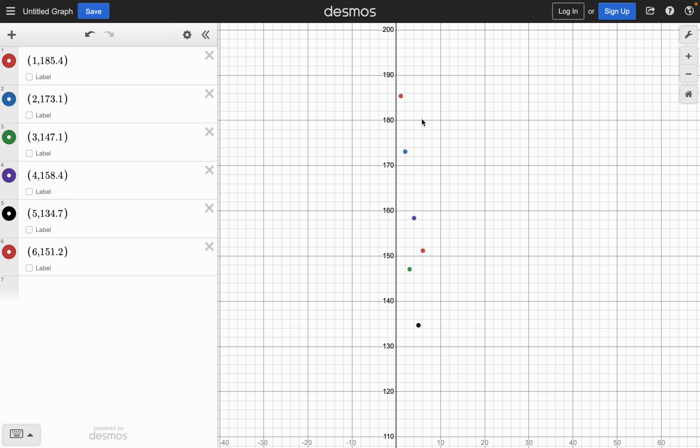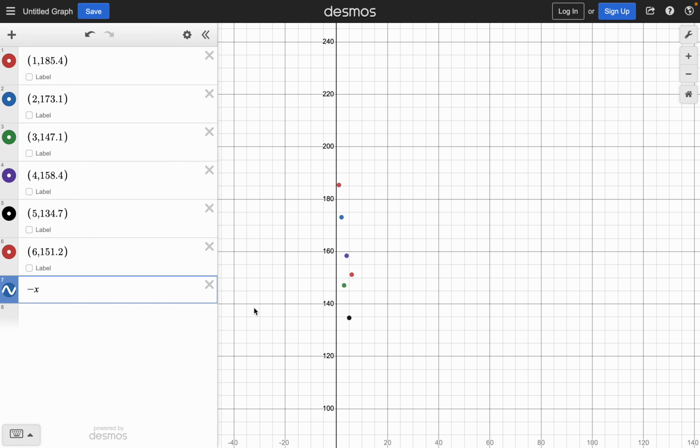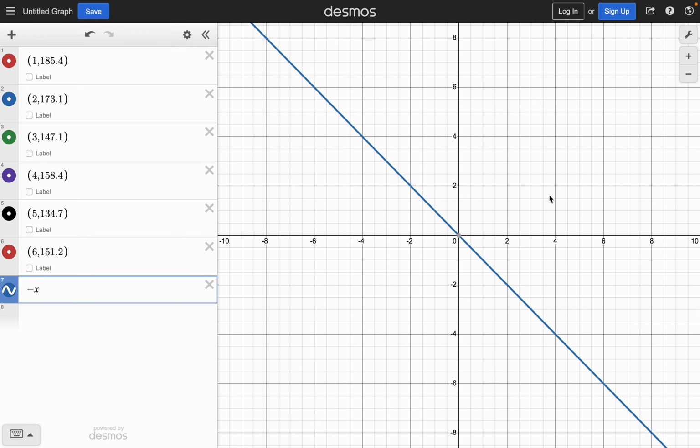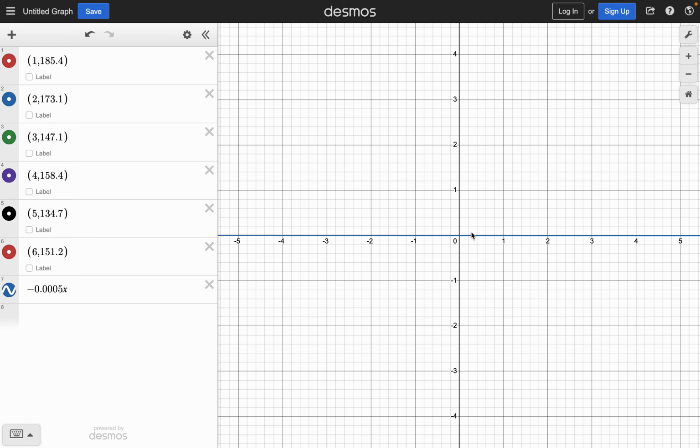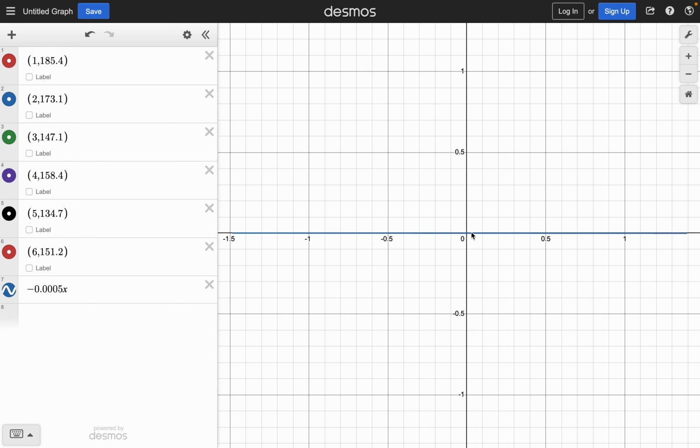A weak negative correlation would be maybe negative 0.0005x, for example. This is still a negative slope, but it's imperceptible, very minor.